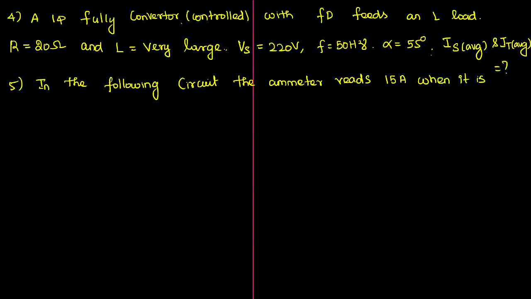When it is MI type. MI type means what? Moving iron type.